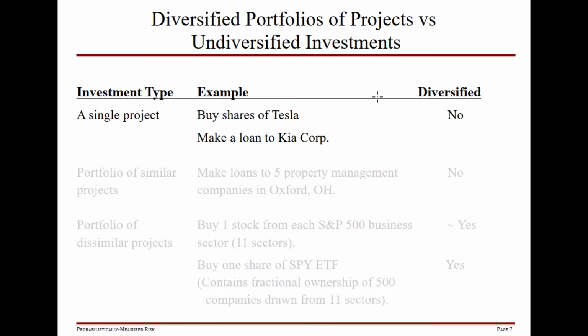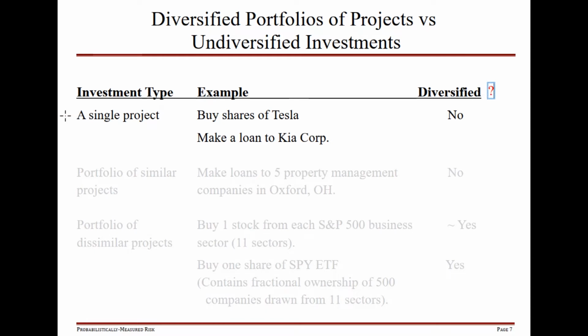So now let's think a little bit about diversified portfolios of projects versus undiversified investments. Let's classify projects or investments along the lines of diversified versus undiversified. So I've got our little table here: investment type, example of this type, and is it diversified, yes or no?